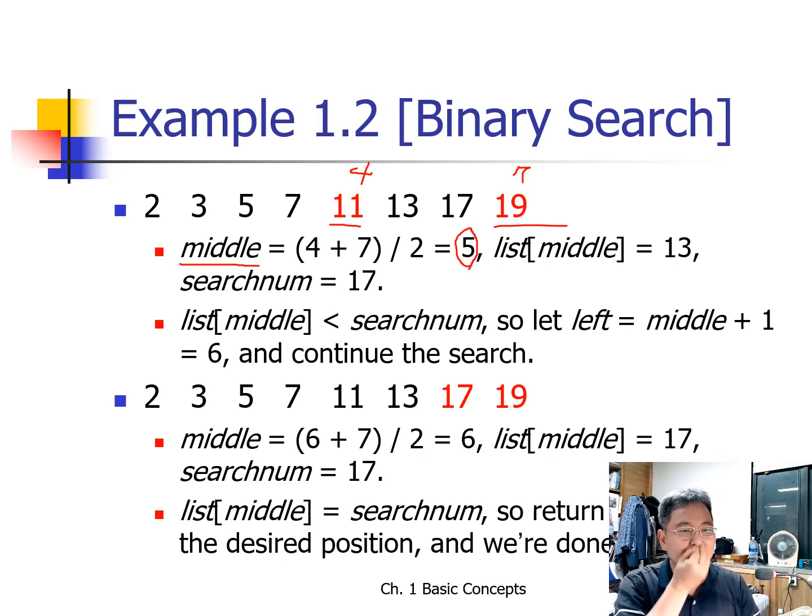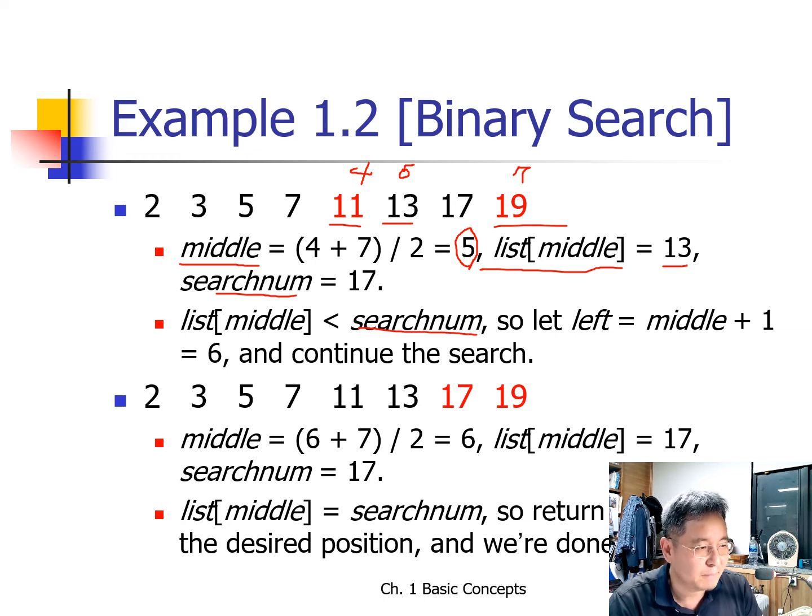And list 5 is the value 13. We compare such num and the middle value 13. Still, such num is greater than the middle value 13. So we also adjust the left value to middle plus 1, which becomes 6. This one is index 6.